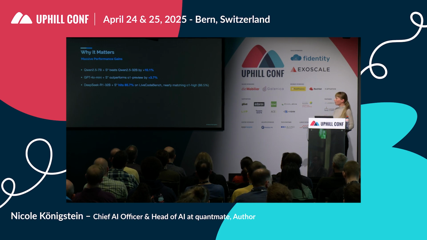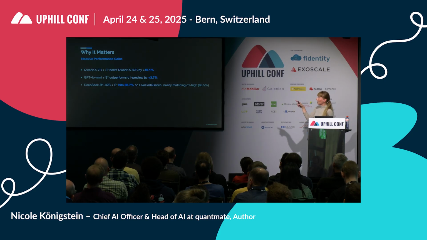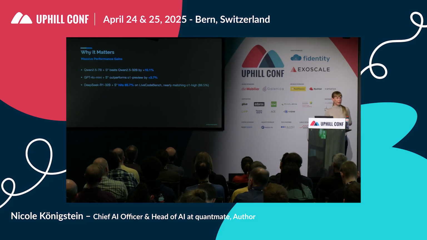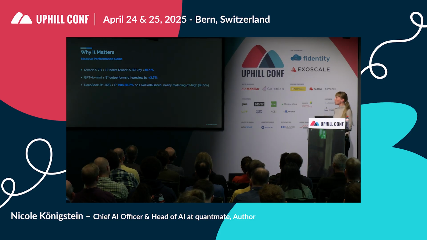Even for other models, it nearly matches DeepSeek. DeepSeek is quite costly to deploy, so you can opt for a smaller model, use that code, use that functionality, and get nearly the same performance.